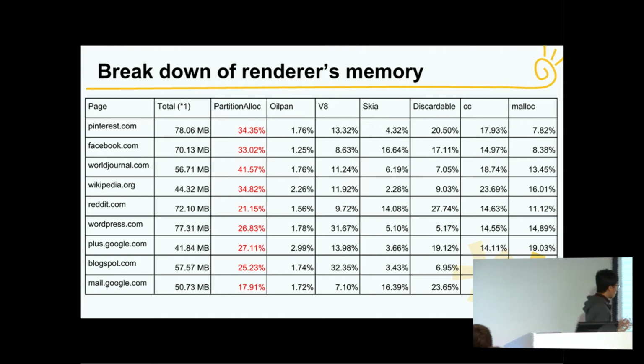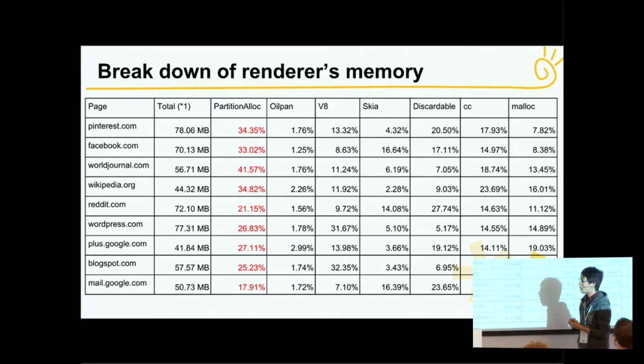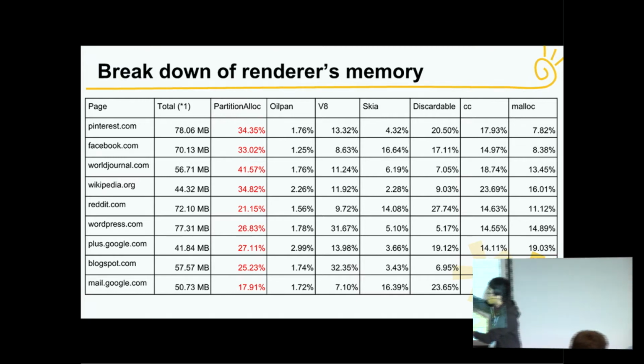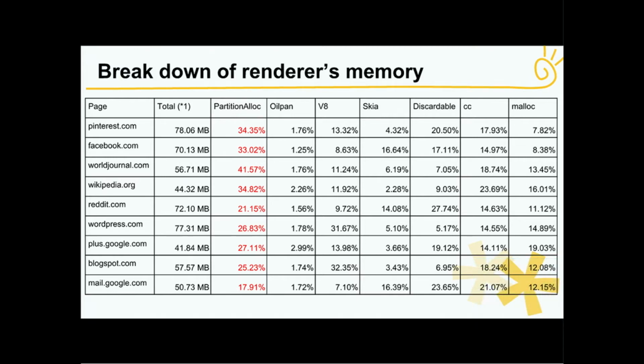So this is the latest result of the breakdown of the renderer's memory. This is a list of key 10 pages where Blink's memory reduction is key. The interesting observation is that in common cases, V8 is the largest memory consumer. However, in these websites, PartitionAlloc is the largest consumer.